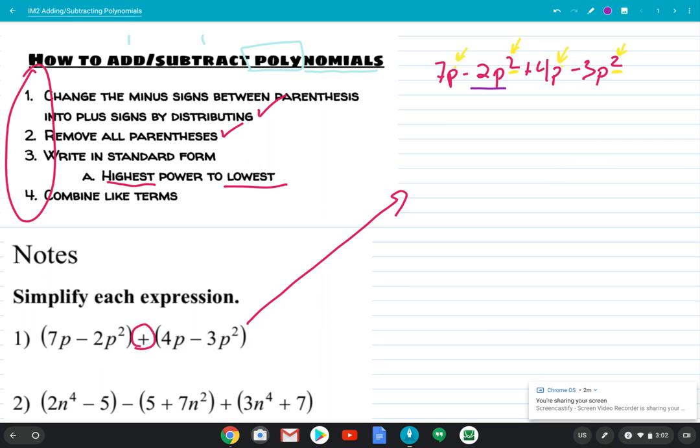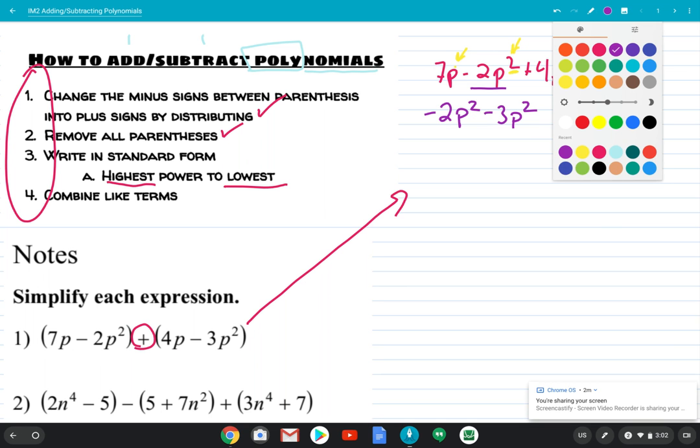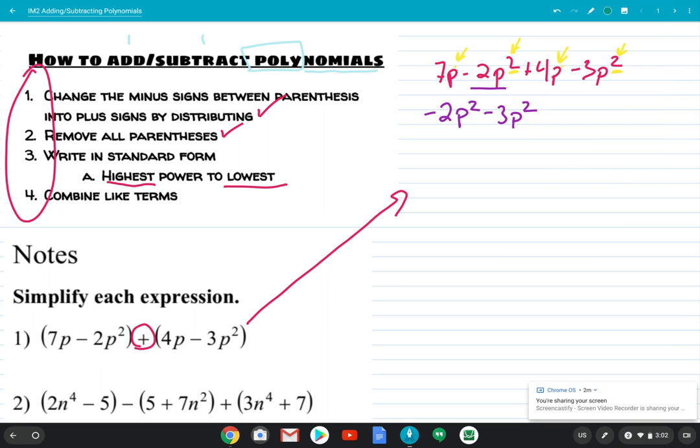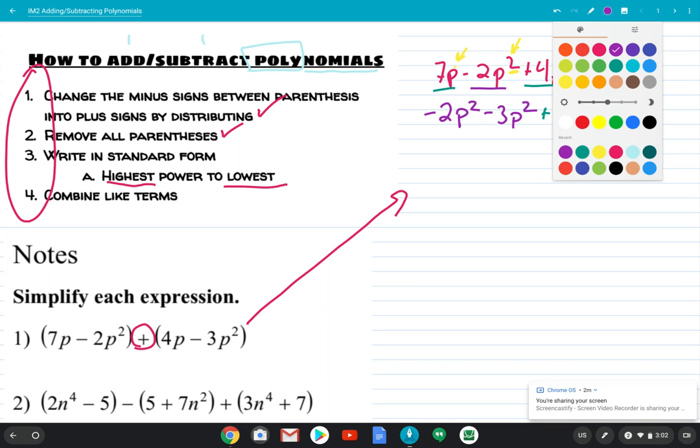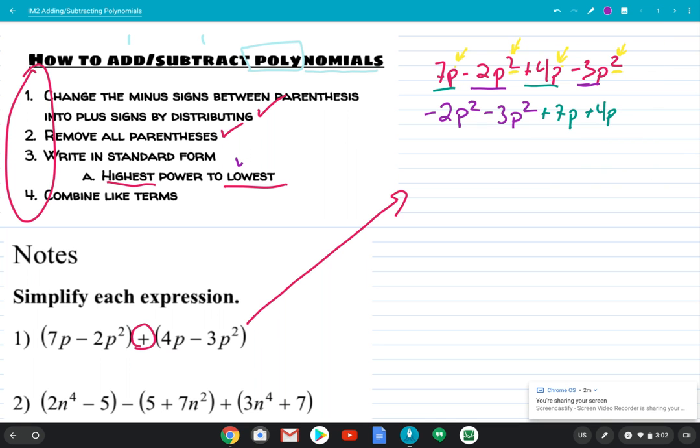Negative 2p squared minus 3p squared. Next, I'm going to do the powers of 1. Plus 7p plus 4p. And I got them all written down. So I've done standard form, highest to lowest.